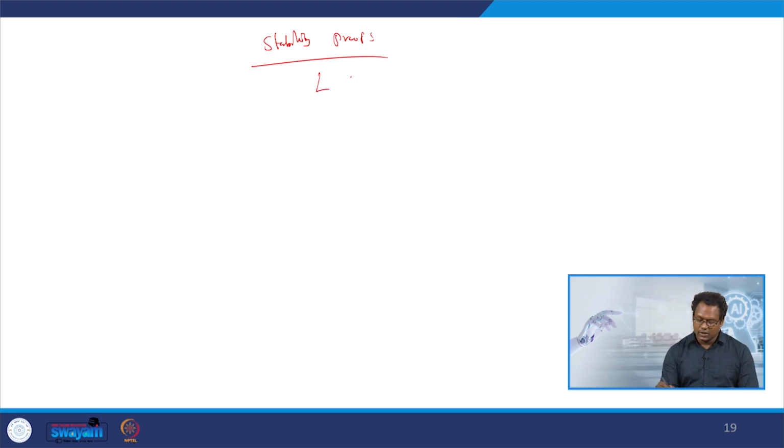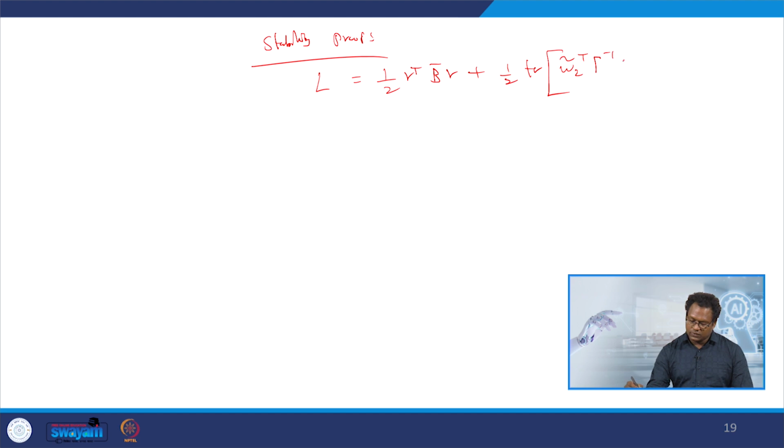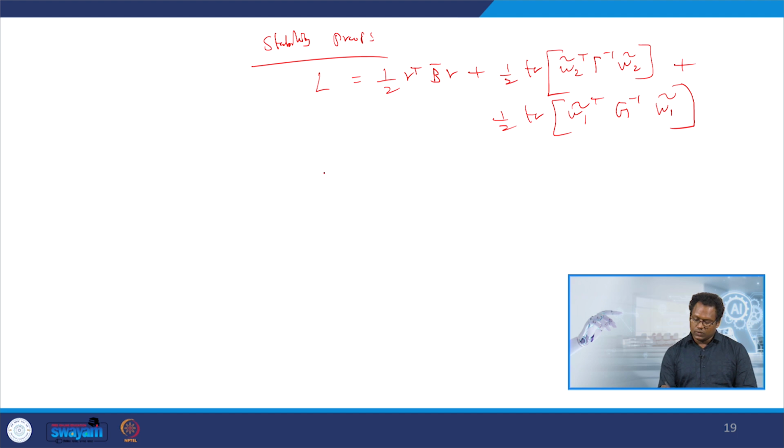So, let us consider the Lyapunov function given by half R transpose B bar into R plus half trace of W2 tilde transpose into gamma inverse W2 tilde plus half trace of W1 tilde transpose G inverse W1 tilde. Okay. So, here gamma and G are symmetric positive definite matrices.